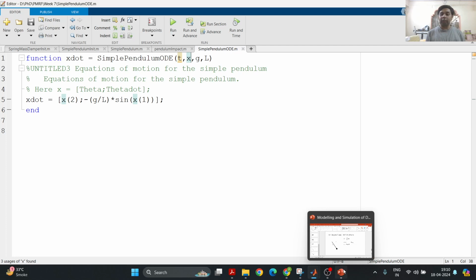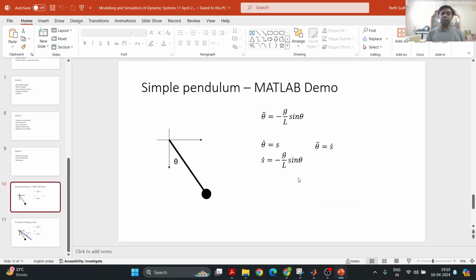We are basically writing essentially the same differential equations here. The first differential equation is theta dot is equal to s. So theta dot is the time derivative, and s is x, the second element in the state vector x.